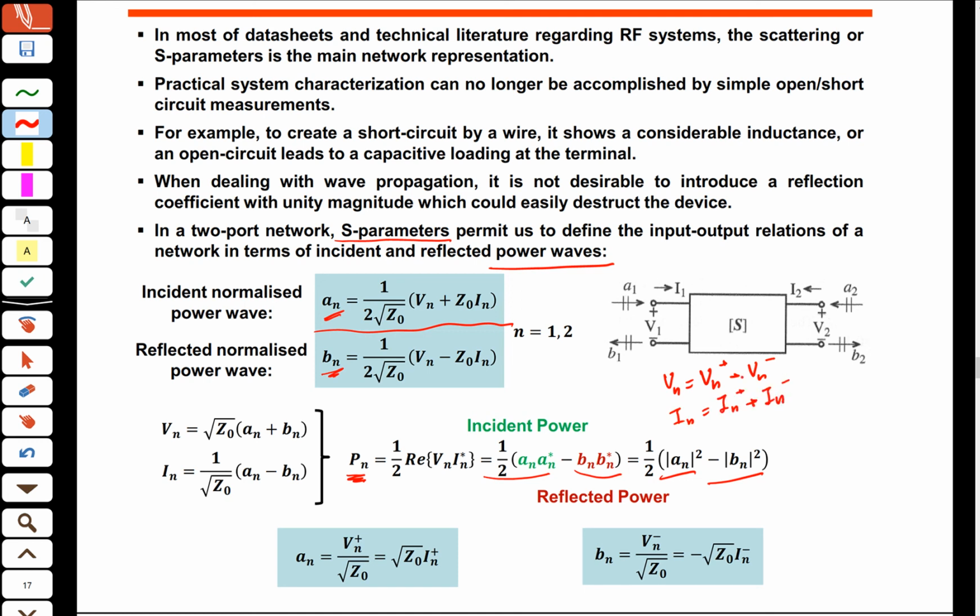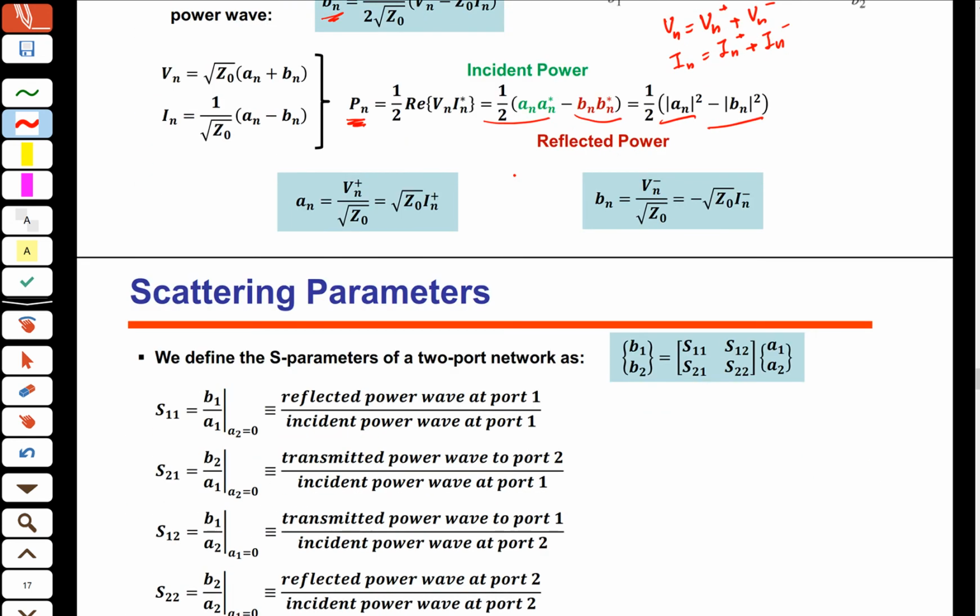Then if you replace these two, we find that An equals this one, which is forward, and this one, which is back. And then we define the S parameters as these values.